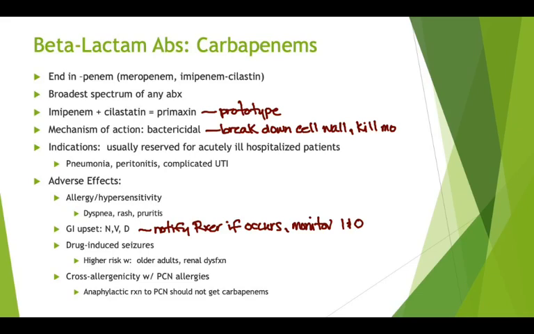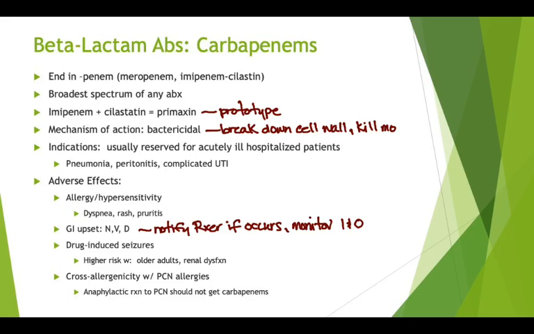And then your adverse effects that you might see, again, your allergies and hypersensitivity, GI upsets, nausea, vomiting, diarrhea. You might also see drug-induced seizures. Your older patients and your patients with renal dysfunction are going to be at higher risk for drug-induced seizures just because they have poor renal function, so their drug sits in their system longer.